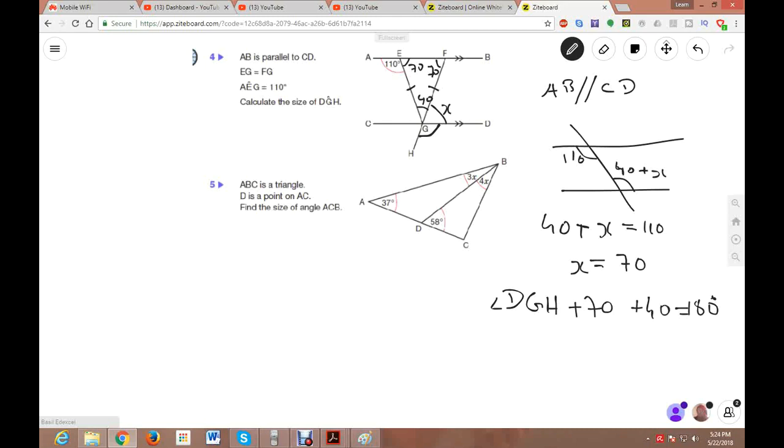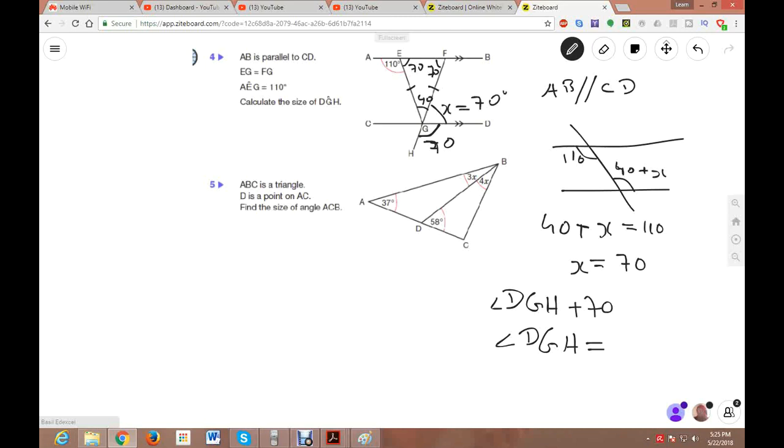Actually, DGH plus x, that is plus 70, is equal to 180.